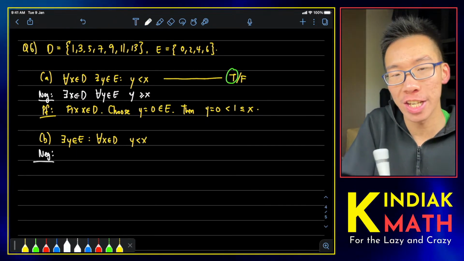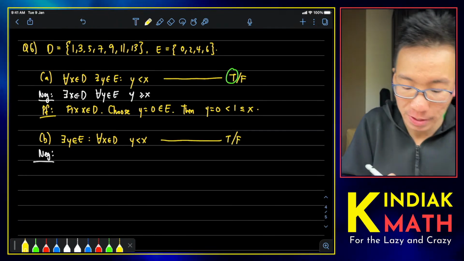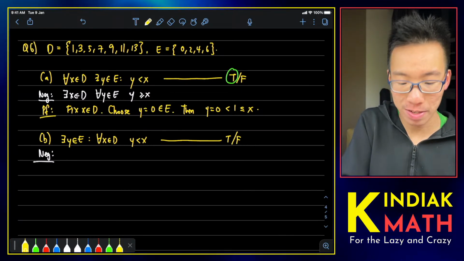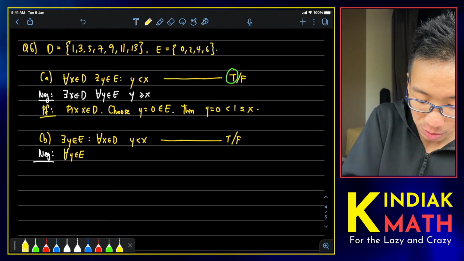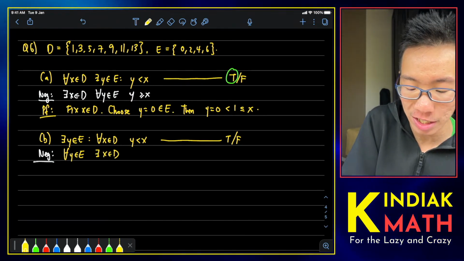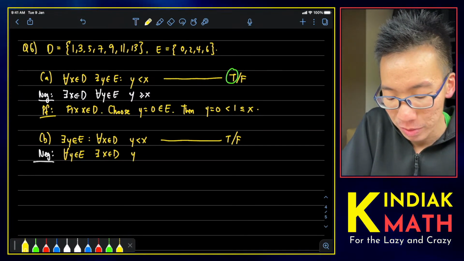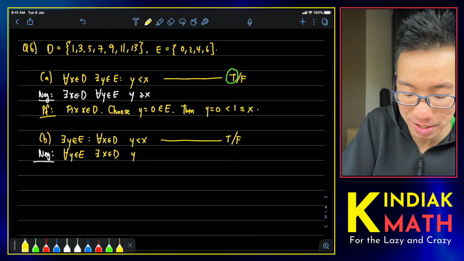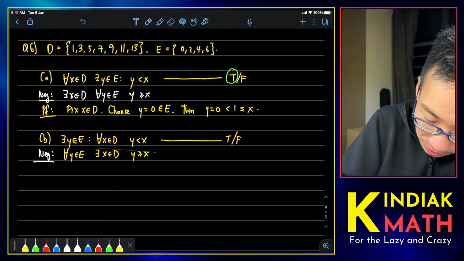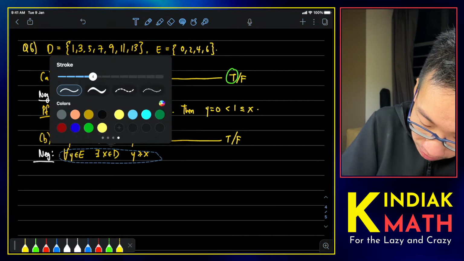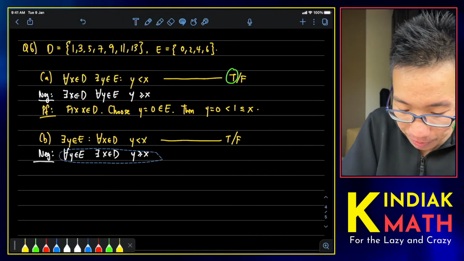The negation of the statement is that no matter which y we choose, we can find an x in D with the property that y is, instead of smaller than x, bigger than or equal to x. I should have done this in a different color. There we go.